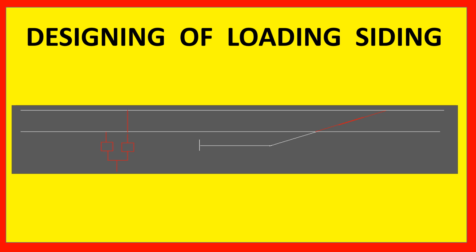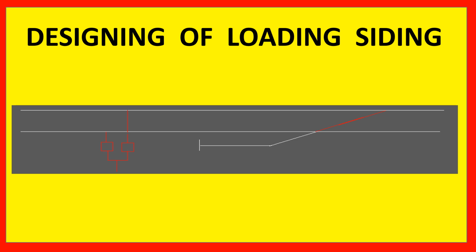Here I have shown there is a shunting neck. So shunting neck crossover will use as its takeoff. Generally there will be no crossover in the up and down line for the shunting neck.